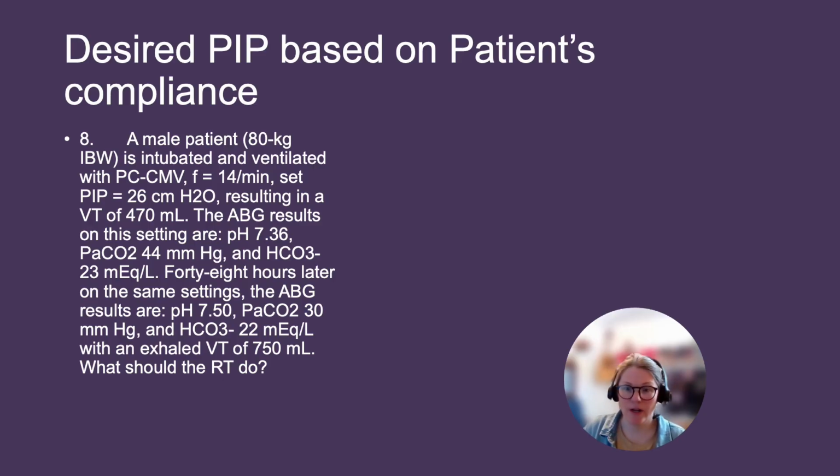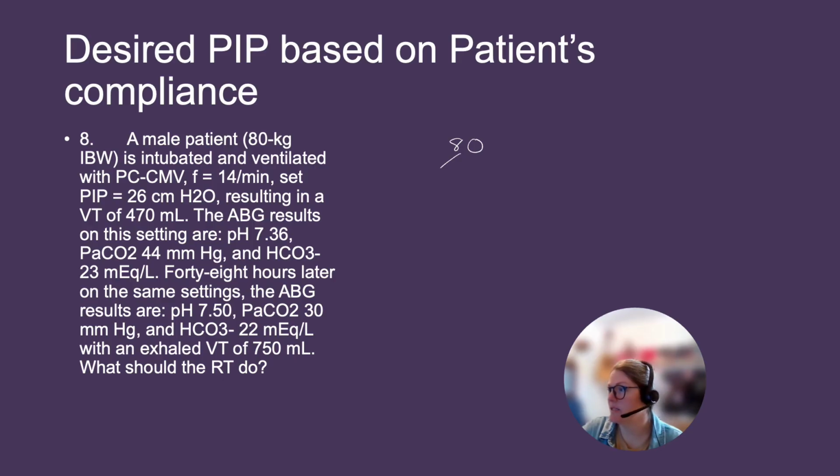So the first thing we're going to look at is, it's always a good idea with these problems to start with ideal body weight and give yourself a range to work from. Okay, so we know 80 kilograms. Our range for this patient, we don't have any health issues listed here.